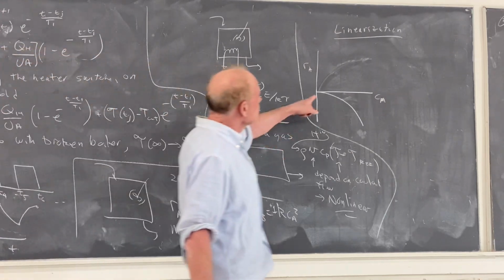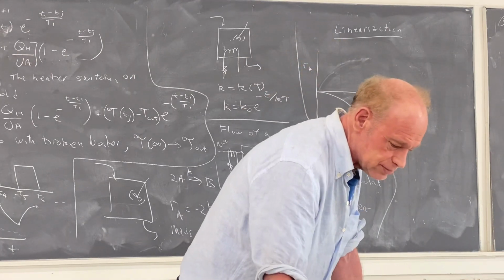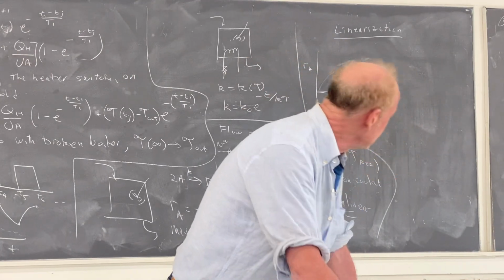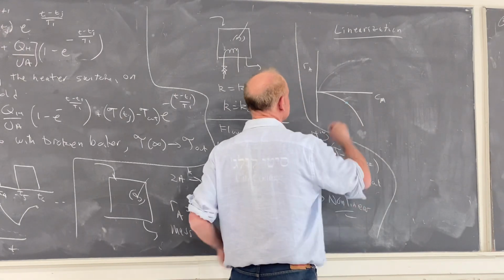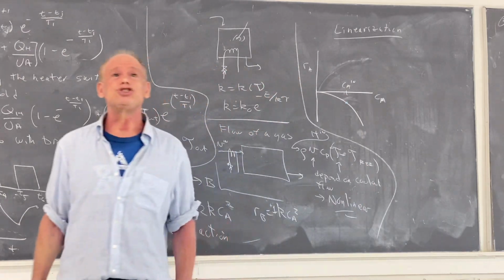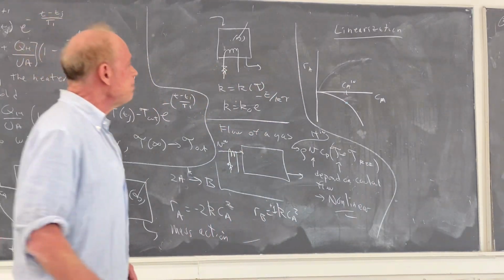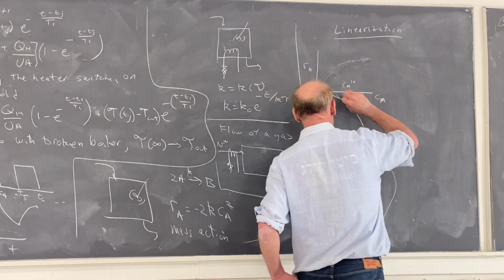Well, this is a nonlinear function. What I can do, which is sometimes useful, is say let's start out here. Let's say this is my CA in. If CA doesn't change much, then maybe I can approximate this by a straight line, the tangent of the curve.